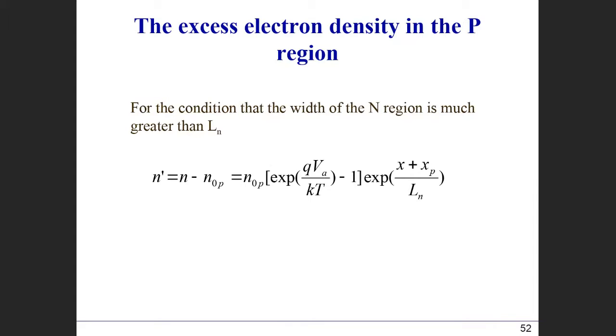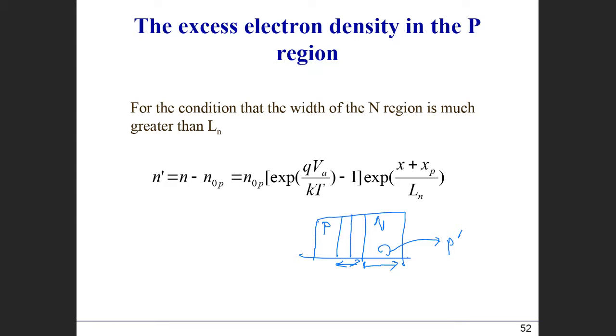Now, similarly, this concept we can apply to the P side. So far, as we discussed, this is a P, this is N, this is a depletion region. The previous slide discussed how the excess minority carrier concentration at the N depletion edge is going to change within this neutral region.